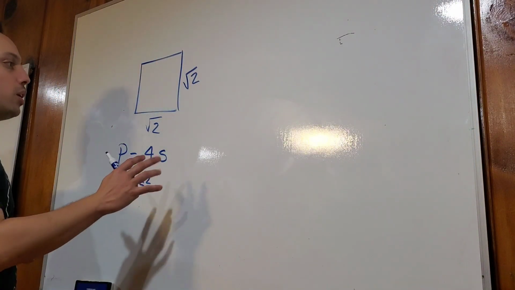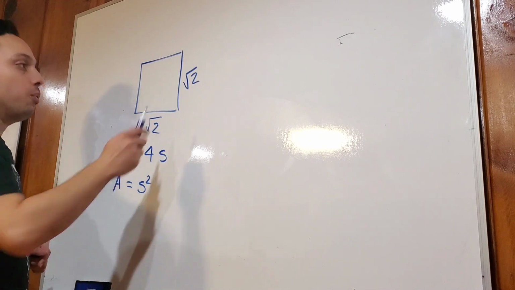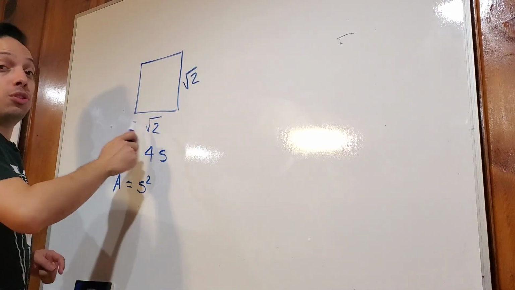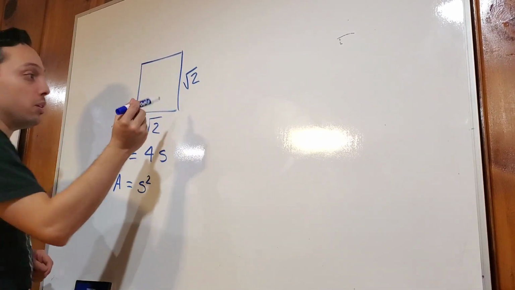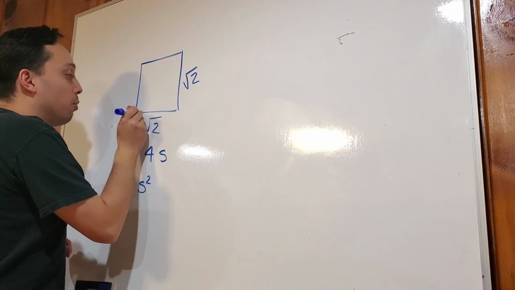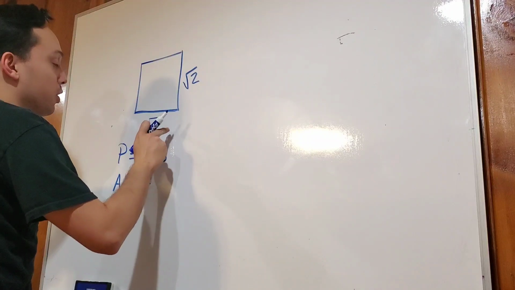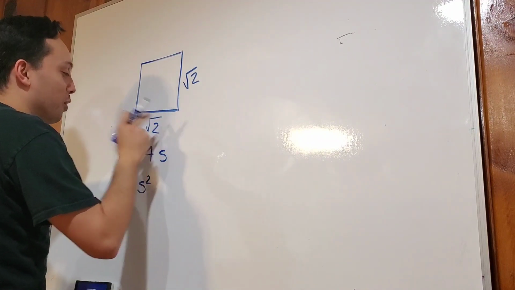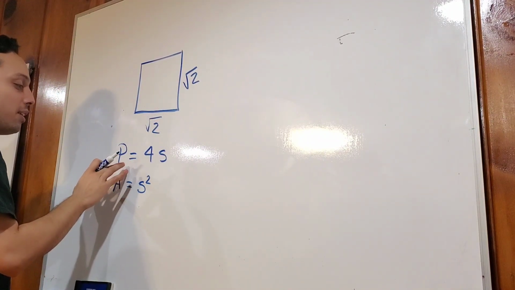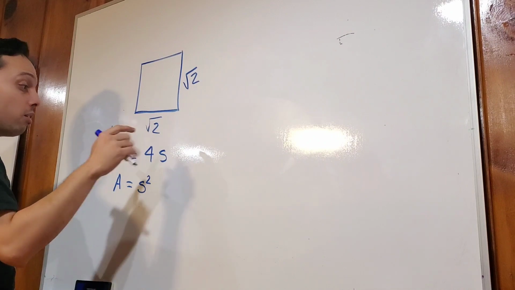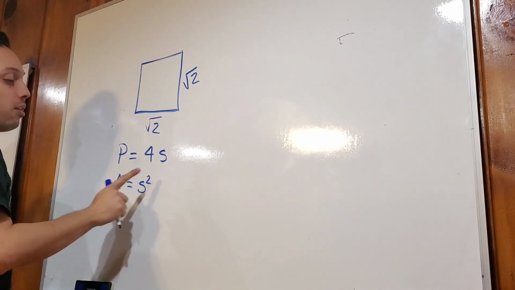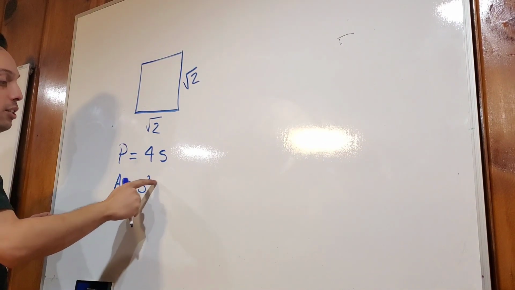Okay, so this is a square right here with the side square root of 2, and the square root of 2, obviously a beautiful square like I almost always draw on the board. You know me, I'm an artist. The perimeter of a square is 4 times the side, and the area of a square is side squared.